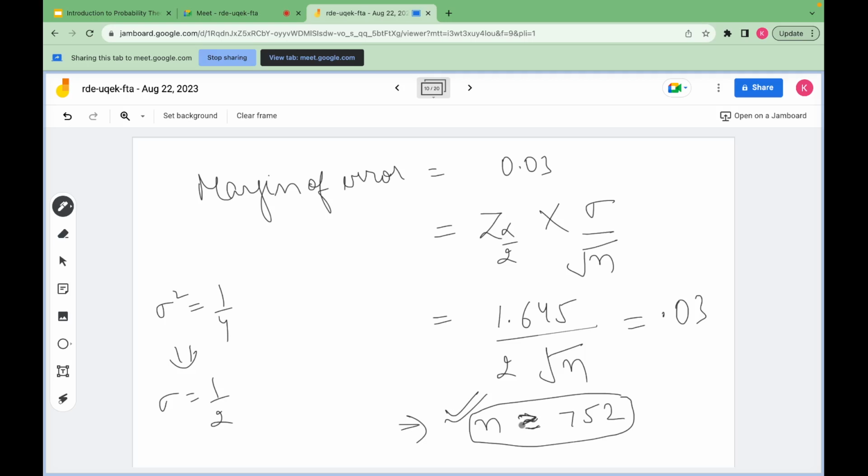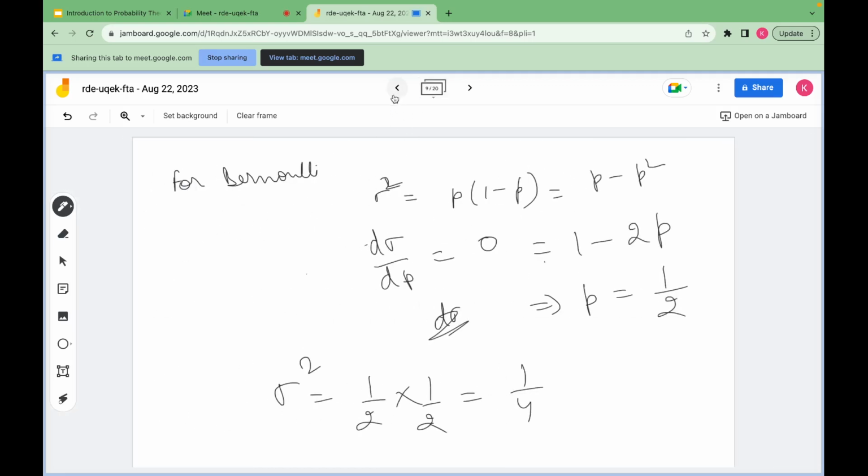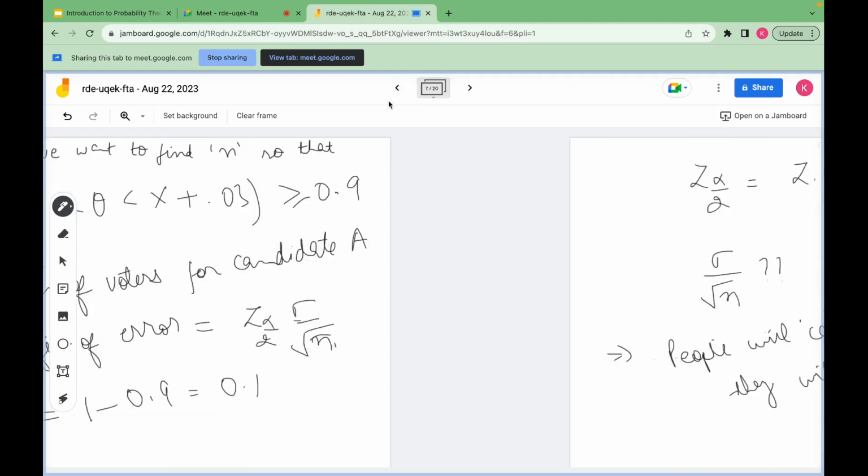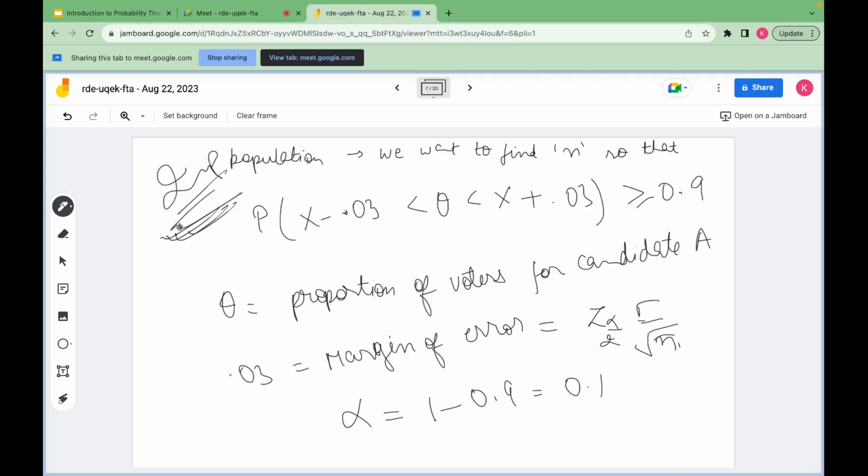If we want our margin of error to be 0.03 with the confidence level 90%, then our n should be around 752 or above, not less than 752. So in this question we applied the concept of Bernoulli, which is very good. It is a very important example.